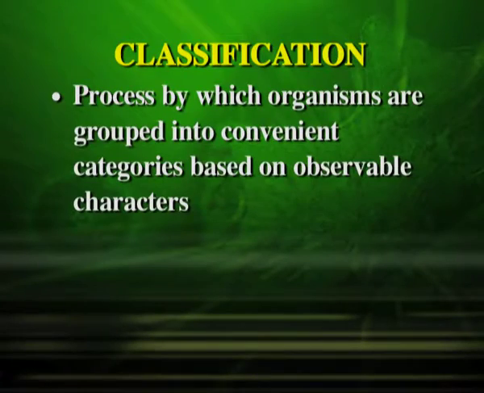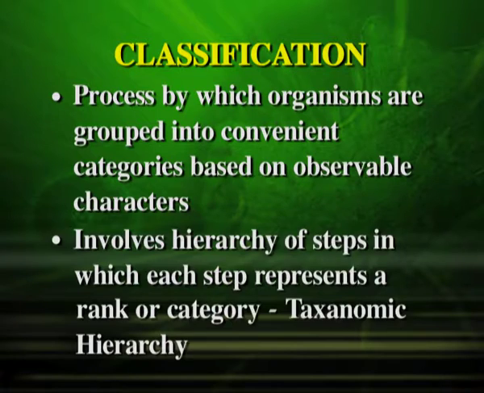Classification is another important thing in this diversity in the living world. It is the process by which organisms are grouped into convenient categories based on observable characters. It involves a hierarchy of steps in which each step represents a rank or category, which is referred to as taxonomic hierarchy.